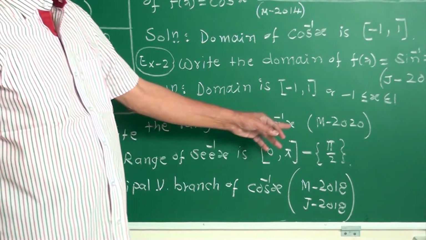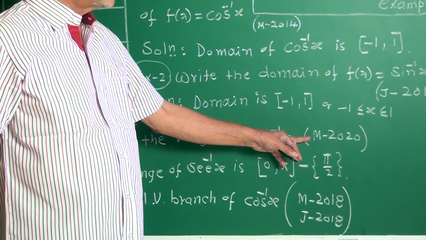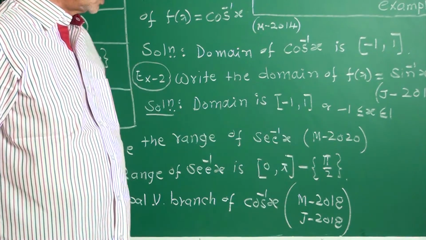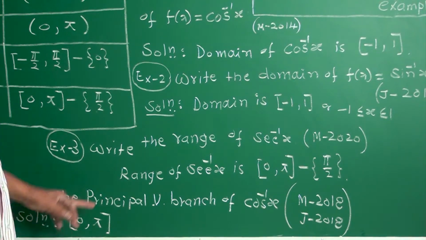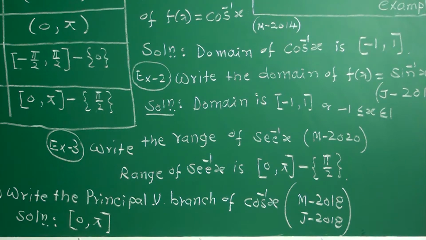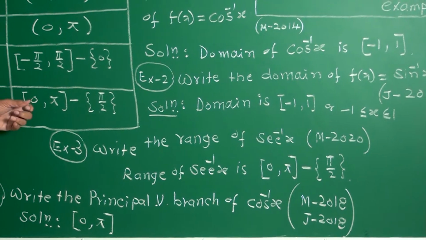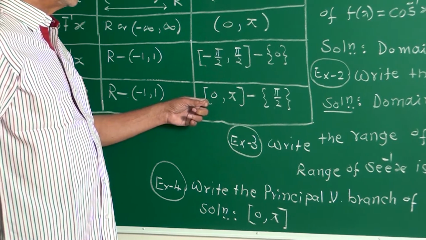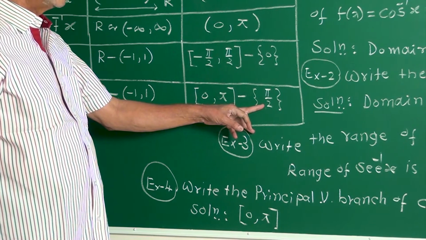It is a very fresh example that appeared this year, March 2020. Solution: the answer is, the range of sec inverse x is this, my friends. It is the closed interval 0 to pi minus the singleton pi by 2.